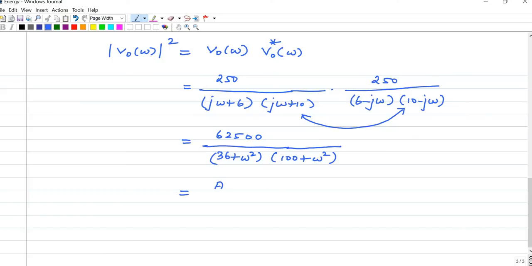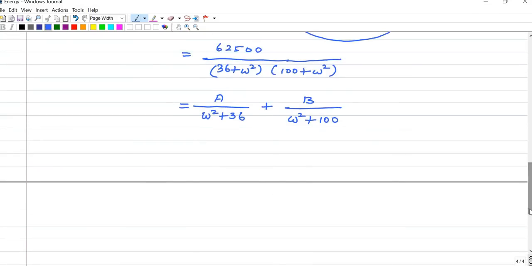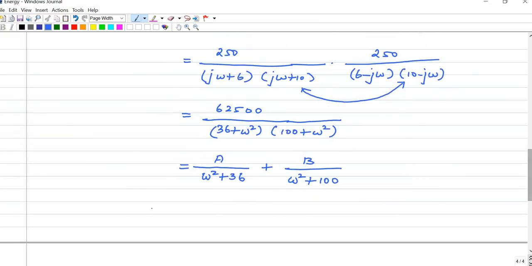This I am writing like this: a divided by omega square plus 36 plus b divided by omega square plus 100. Let us find out a and b.